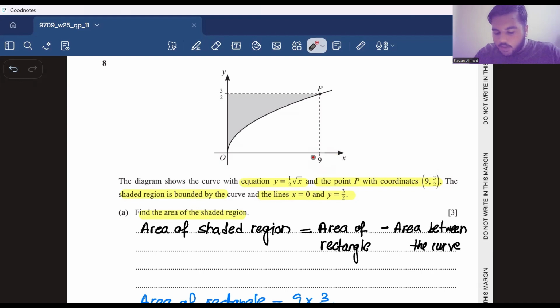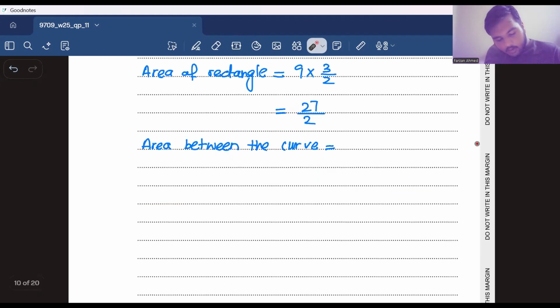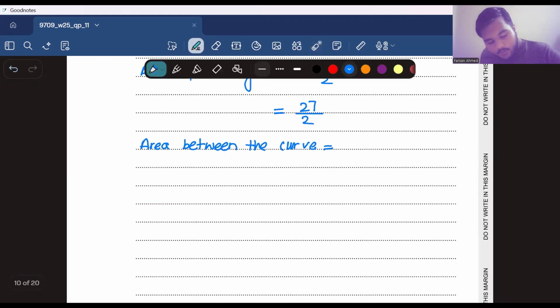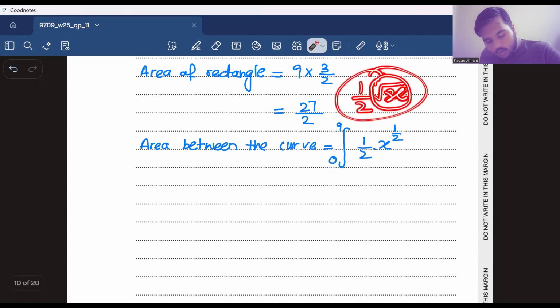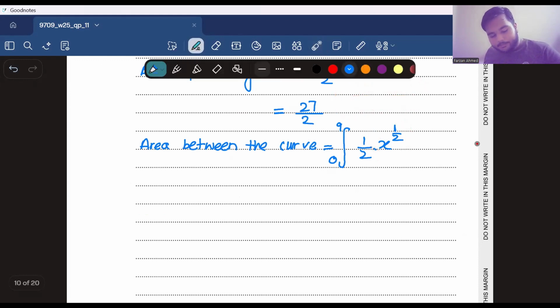So we will apply the limits, which are 9 and 0, and the equation is 1 upon 2 x to the power 1 upon 2. Why x to the power 1 upon 2? Because in the question they have given 1 upon 2 square root of x, so in place of square root of x, I wrote x to the power 1 upon 2 dx.